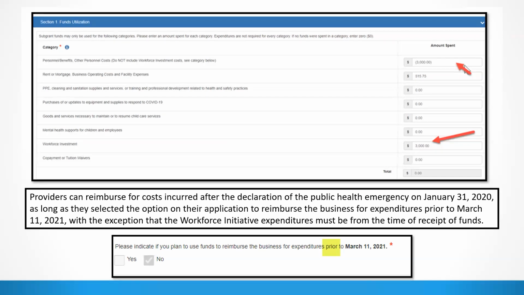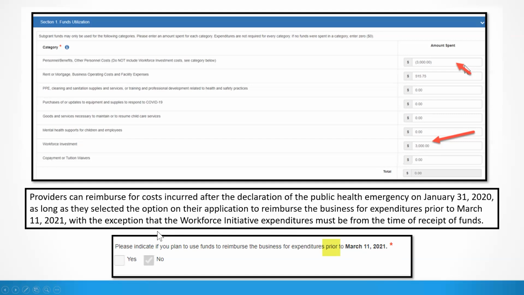Something that you have to take into consideration is that any category can be reported since the public health emergency on January 31, 2020, if you checked yes on the application that you were going to use the funds prior to March 11, 2021. If you checked no, any category except for the workforce investment can be reported as of March 11, 2021.